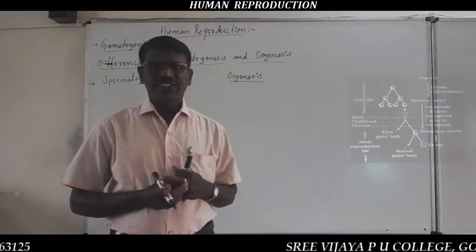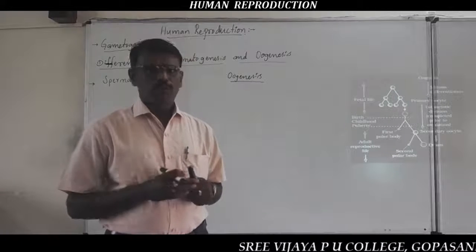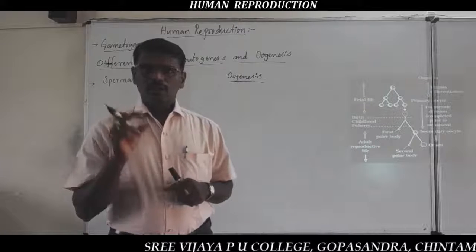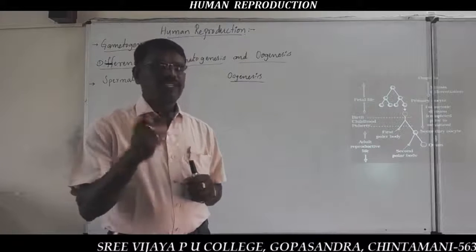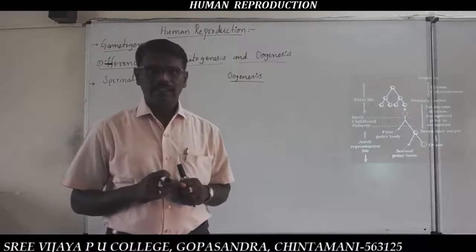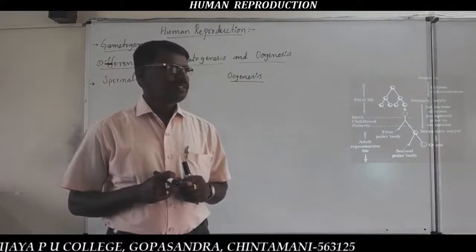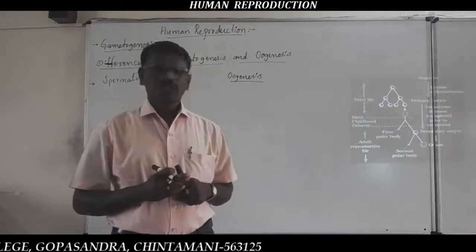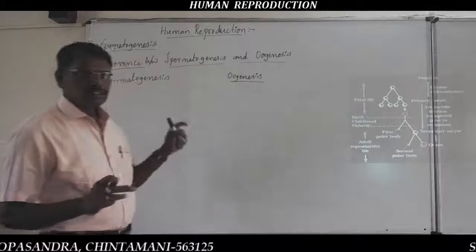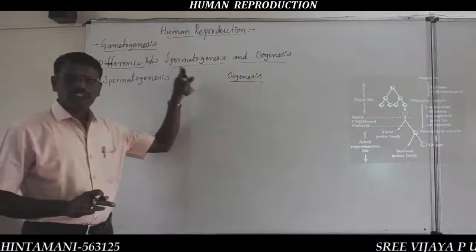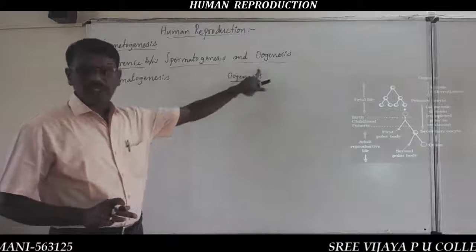In oogenesis, the end product is the egg or ovum, which we call the functional egg, at the end of meiosis. Today we discuss the difference between spermatogenesis and oogenesis.